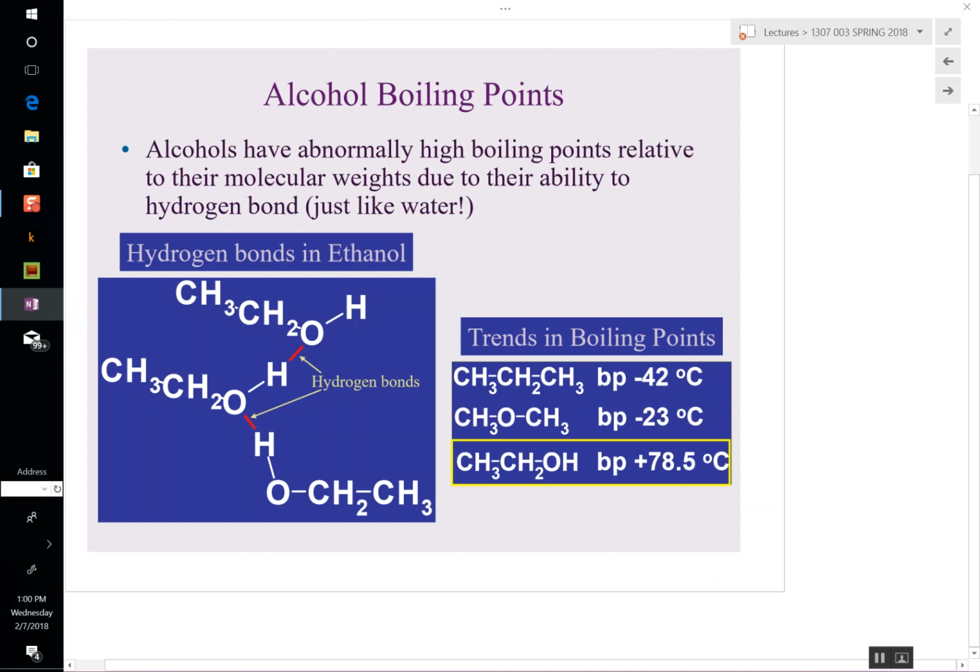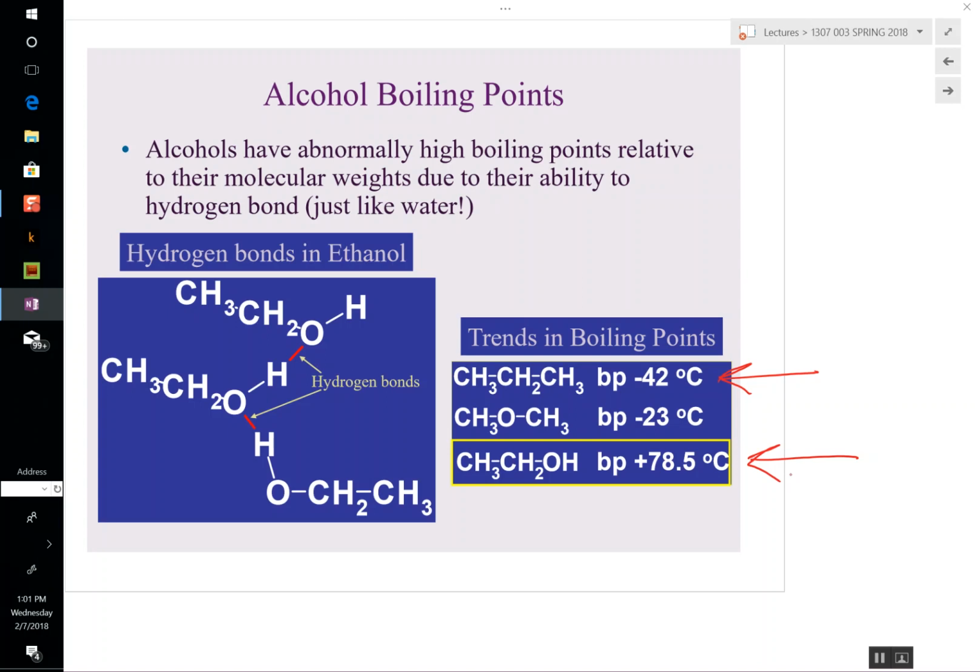Okay, now let's take a peek here. What I want you to look at is this molecule and compare it with this molecule. This is an ether. We'll get to this at the end of the chapter, but I won't worry about it too much. When we get there, we'll mention it. But just not to get confused with too much data here, compare this with this.